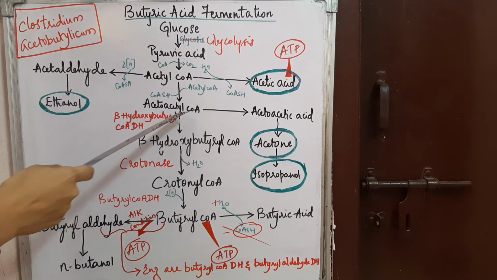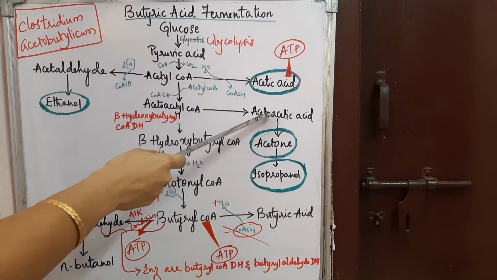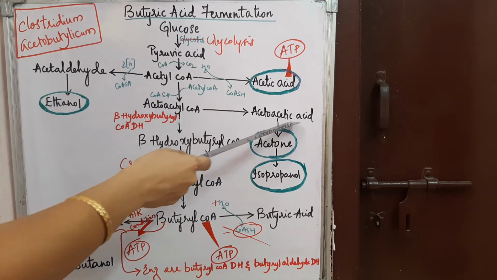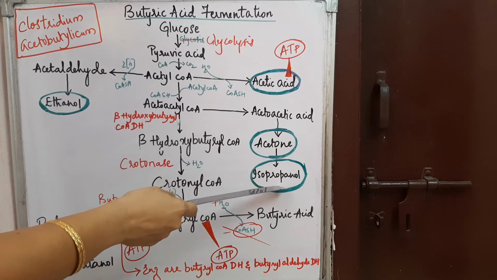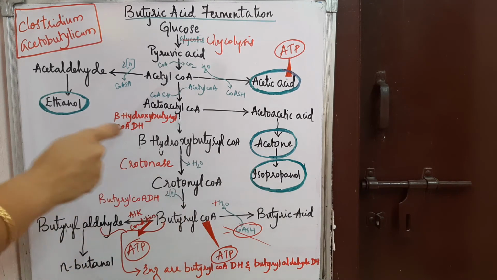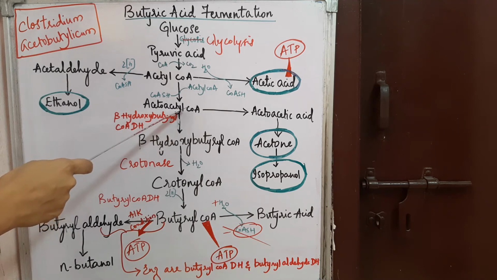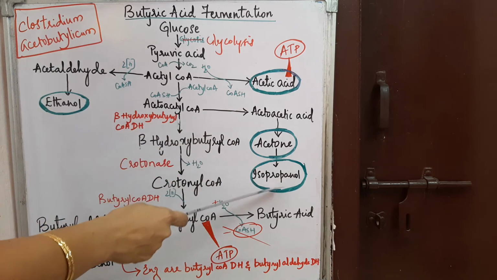Okay, this acetoacetyl-CoA once again is giving rise to a byproduct acetoacetic acid, which is converted to acetone and further reduced to isopropanol. So each and every intermediate in this pathway is giving rise to certain byproducts.